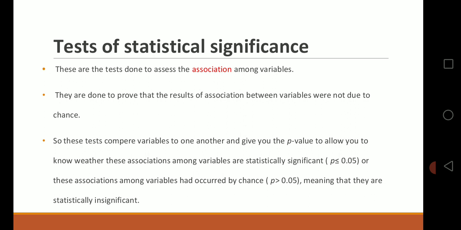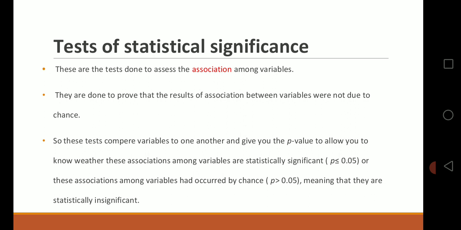Okay? And these tests generate a p-value. This p-value, we use it to either accept or reject the null hypothesis. Meaning, we either say that there is association or there is difference, or we say that there is no association or there is no difference, based on the p-value as we discussed.